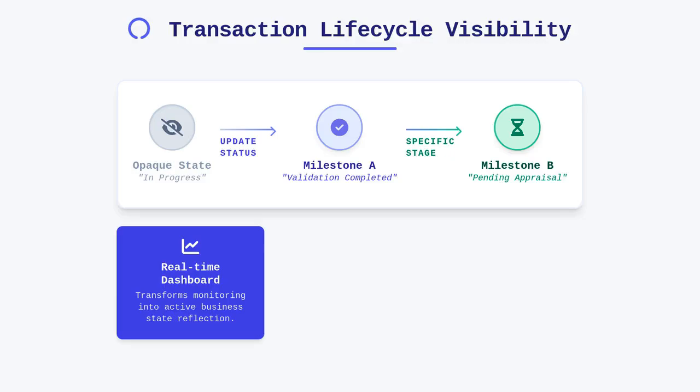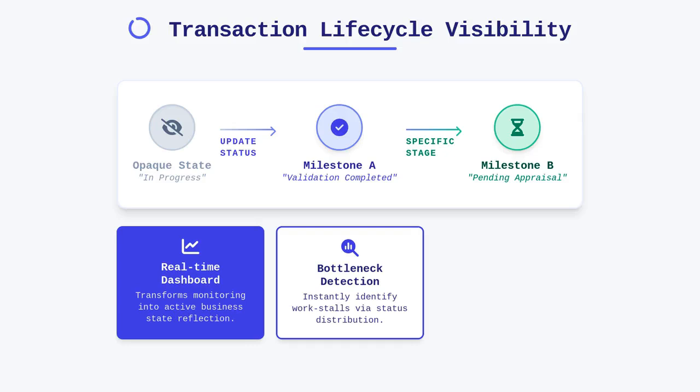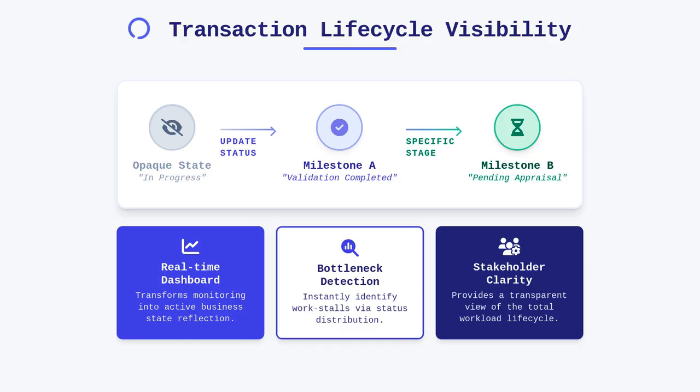This approach transforms your control room from a simple monitoring console into a real-time dashboard that reflects the actual business state of the workload. When an operator views a queue, they should intuitively understand exactly where a bottleneck exists simply by observing the distribution of items across these specific statuses.